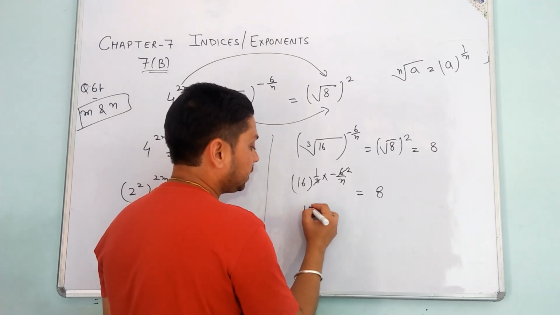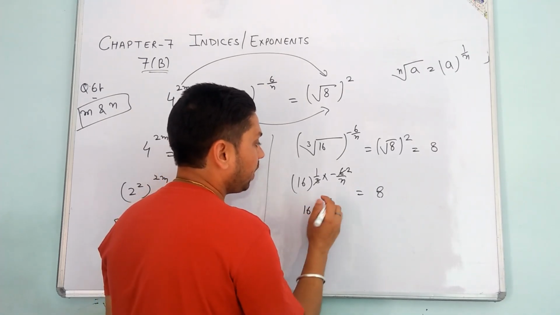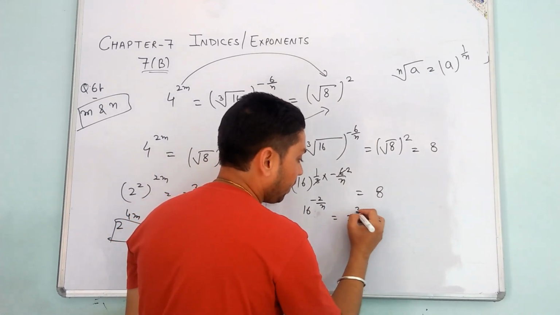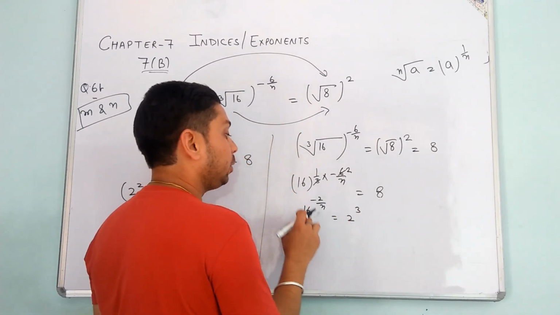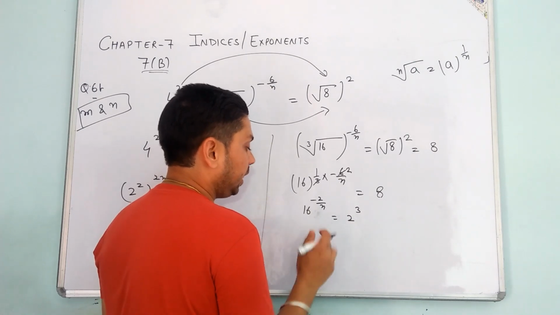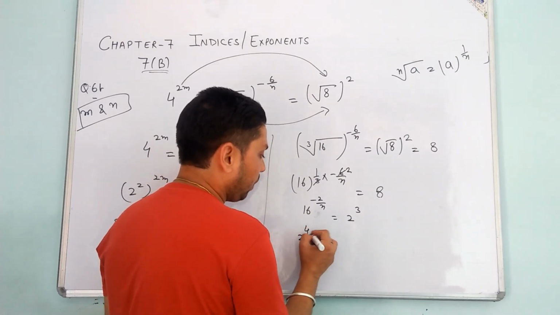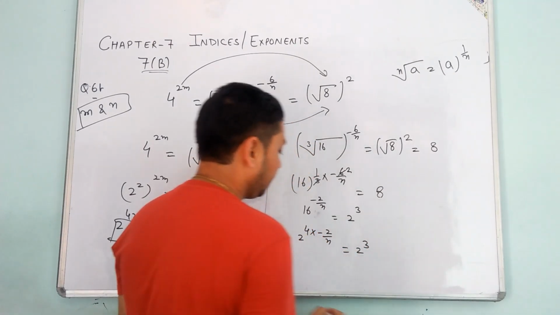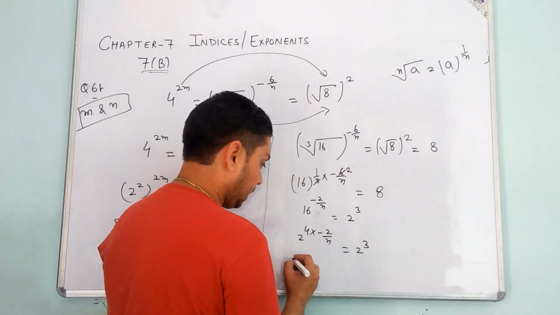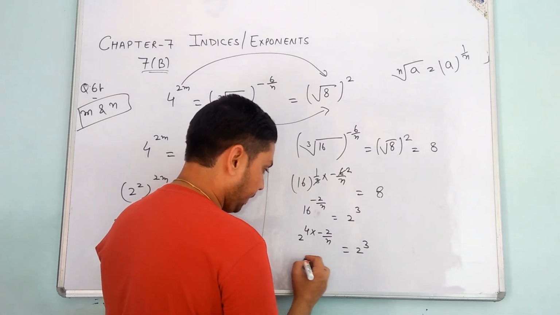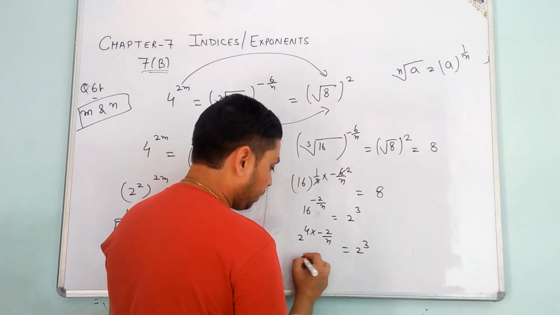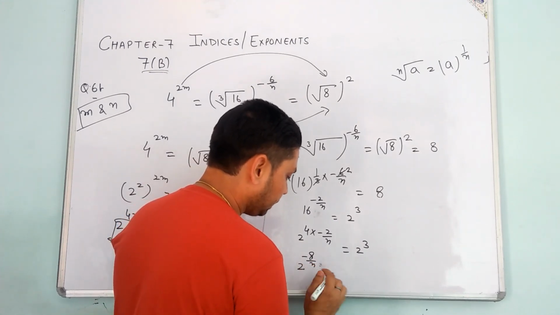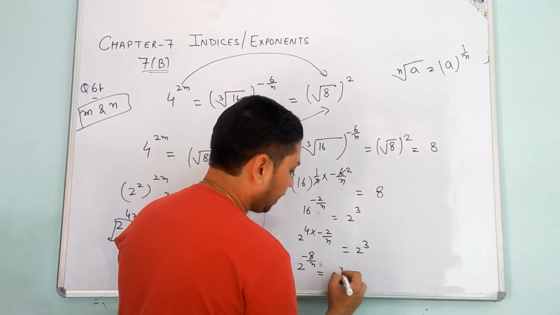Now what we have, 16 raised to power minus 2 over n is equal to 2 raised to power 3. Again reduce 16 as 2 raised to power 4 multiplied by minus 2 over n, it will give you 2 raised to power minus 8 over n, that is equal to 2 raised to power 3.